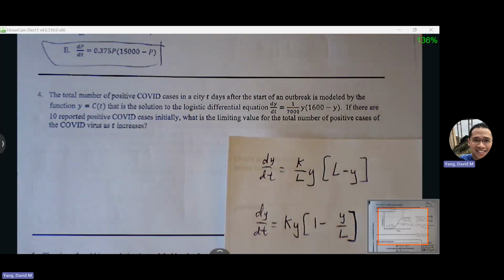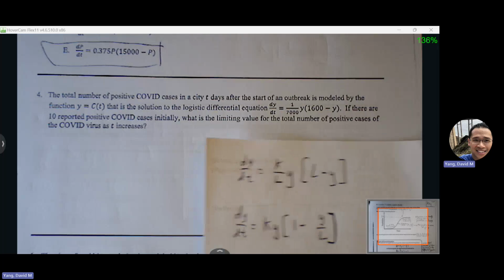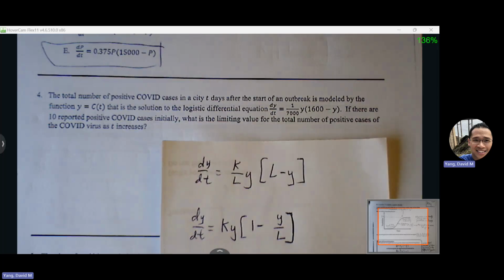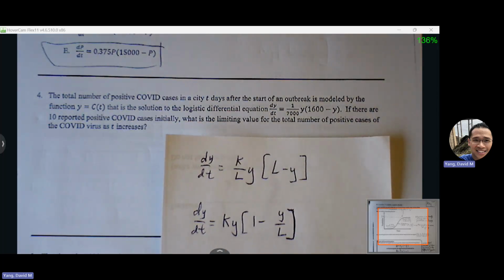All right, number 4, the total number of positive COVID cases t days after the start of an outbreak is modeled by the function y equals c of t, and that is a solution to the differential equation given. If there are 10 reported positive COVID cases initially, what is the limiting value for the total number of positive cases of the COVID virus as t increases?